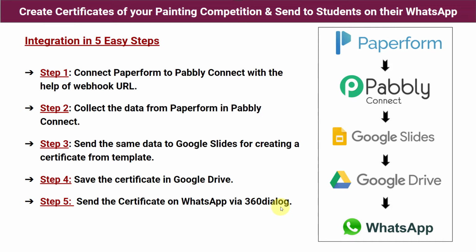So, at the final step, we are going to send the created certificate on the WhatsApp account of the participants. And to do this, we are going to use another application which is 360 dialog. So I'll tell you what 360 dialog is later on in this video. First of all, let's jump back to our step 1 and open Pabbly Connect.